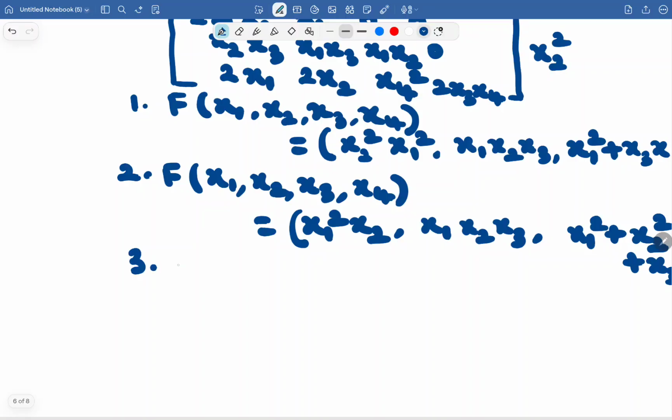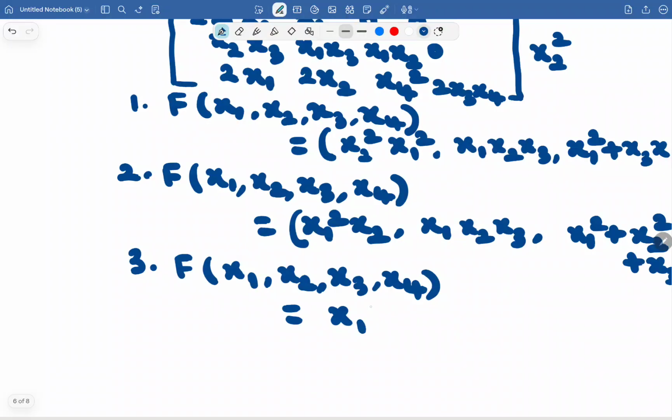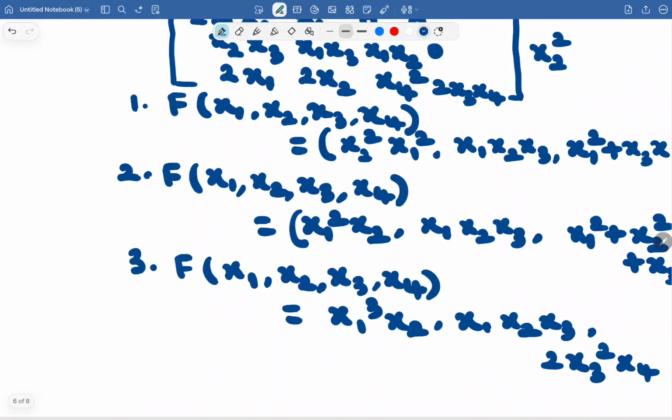Third option, f of x1, x2, x3, x4, which is equivalent to x1 cube, x2, x1 x2 x3, 2 x3 square, x4.